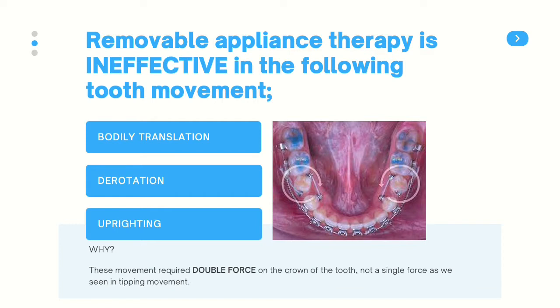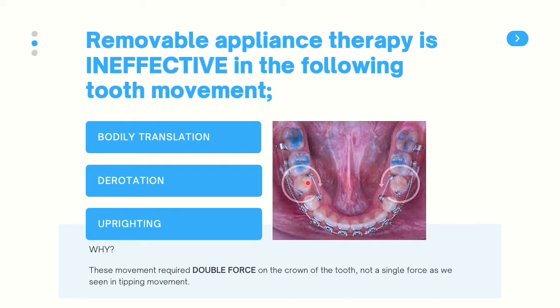So in what cases? If the teeth need bodily translation, derotation or uprighting, therefore they may need a fixed appliance rather than removable appliances. Why? Because this movement require double force on the crown of the tooth, not a single force as we seen in the tipping movement. So let us see the photo.